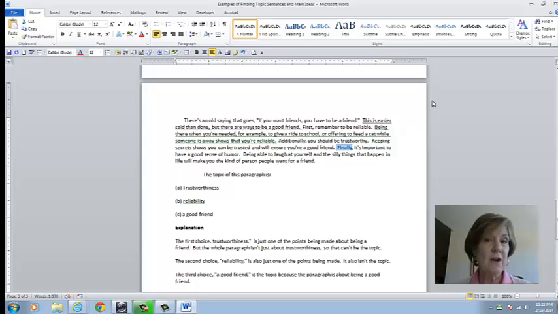So I hope this helps you in learning the procedure for determining the topic sentence, and then the main idea. And then you look at the supporting details. And remember, the supporting details do nothing more than relate or give more and new information about the topic and the topic sentence.